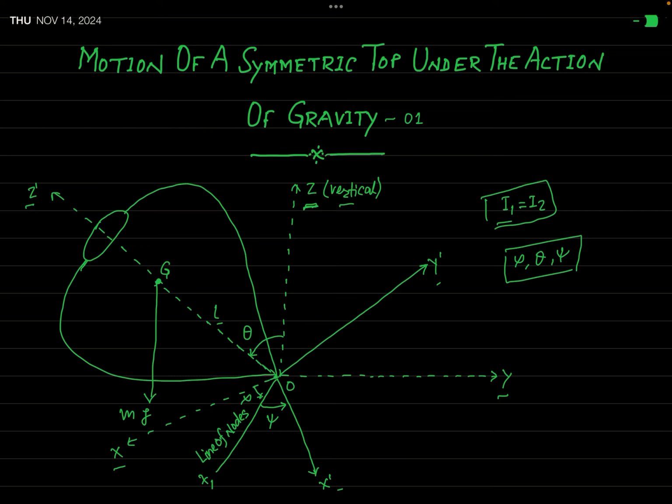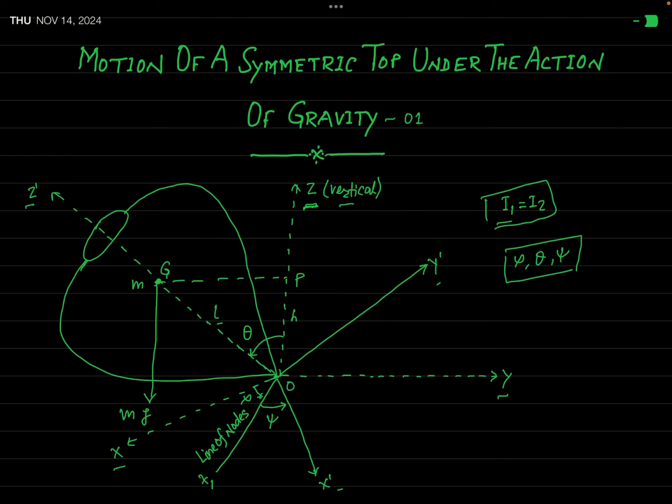Then let us see what is the height of this center of gravity, where we assume that the total mass of the body is lying, from this point O, the reference point. You can see OG is equal to L. And let us take that this point is P. Then OP is its height.